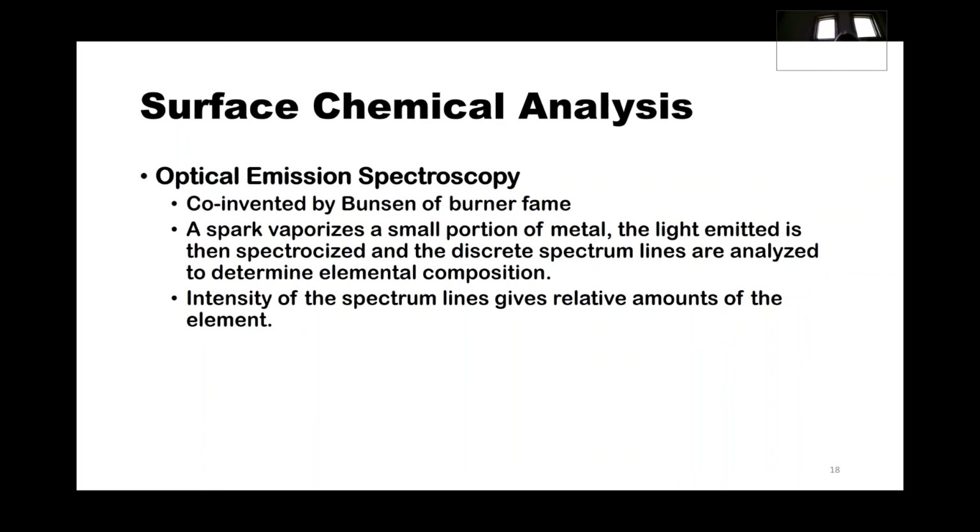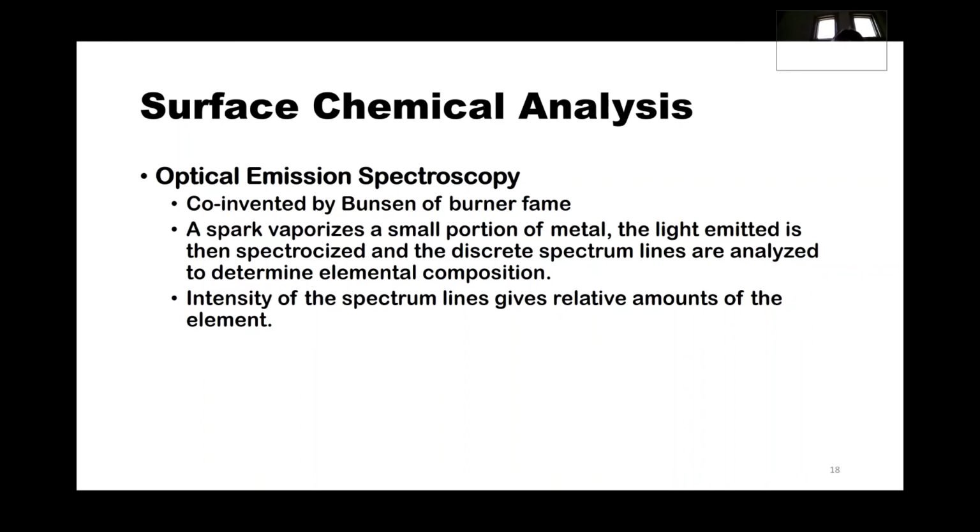I used to work in a chem lab when I was on a nine-month co-op back in the day, where we used an OES to make sure that the steel we were using was alloyed to the correct composition. So maybe I shouldn't call it a surface chemical analysis technique. But anyway, optical emission spectroscopy was co-invented by Bunsen of burner fame, the Bunsen burner guy. A spark vaporizes a small portion of metal.